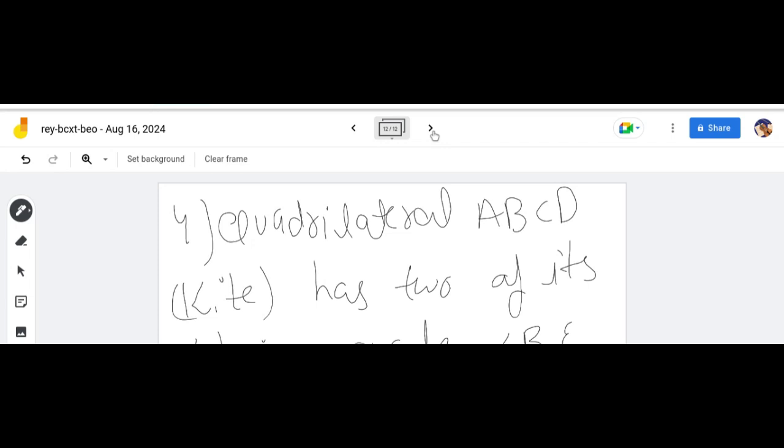Two of its interior angles. Can I move to the next page? Yes. Quadrilateral ABCD, a kite, has two of its interior angles B and D of the same measure.